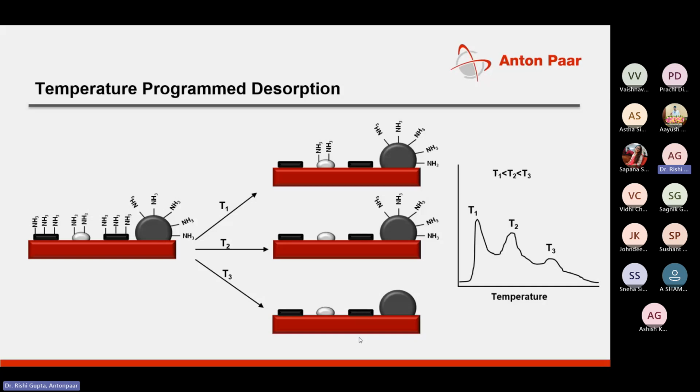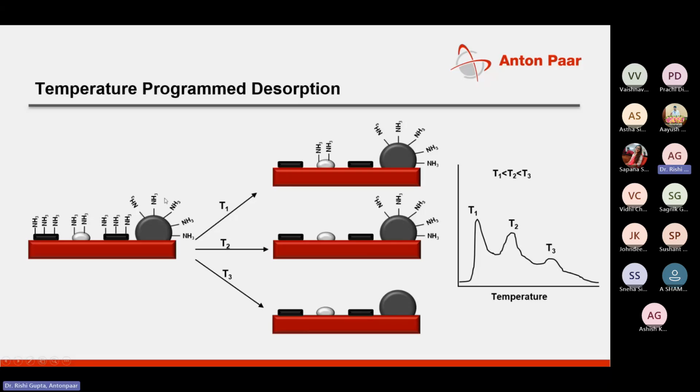So just consider this way that if it is a support, with some metal present over there in different forms, ammonia is adsorbed all over. And as we keep on increasing the temperature, at one temperature, one type of site releases, at another temperature, another type of site releases ammonia, and at the third temperature, another type of site releases ammonia. So we get three different types of peaks.